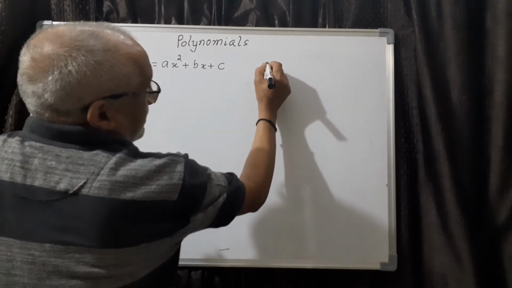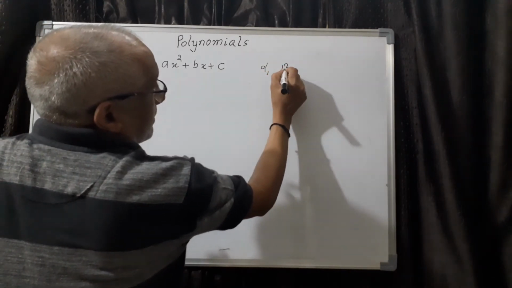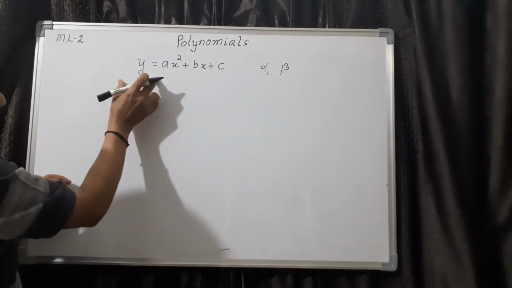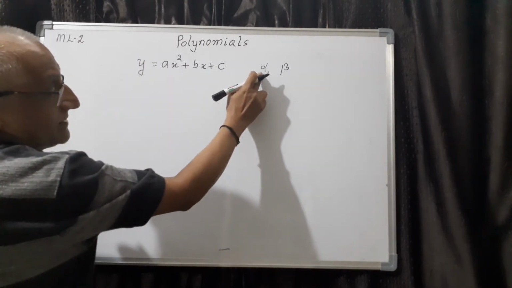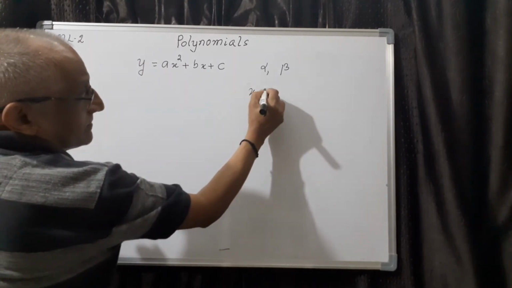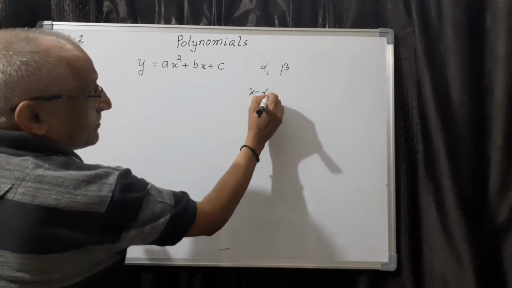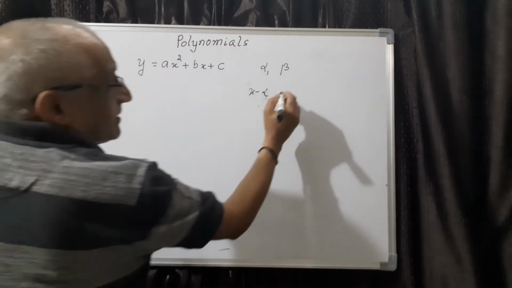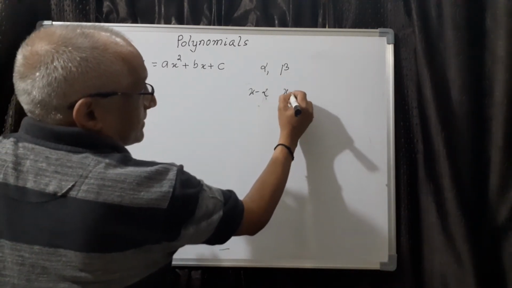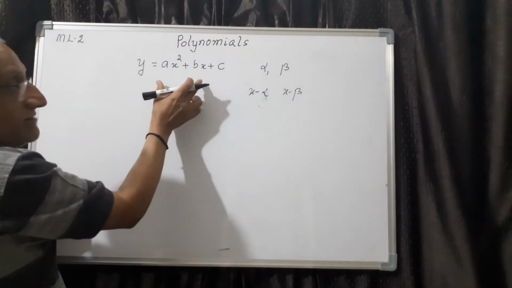Then let us say alpha and beta are the zeros of this polynomial. See, if alpha is a zero, x minus alpha must be a factor of this polynomial. Similarly, if beta is a zero, x minus beta also must be a factor of this one.